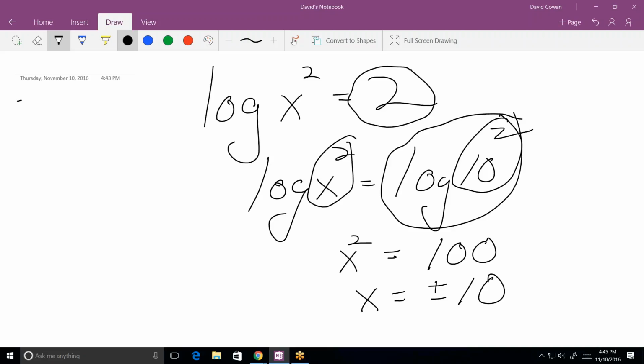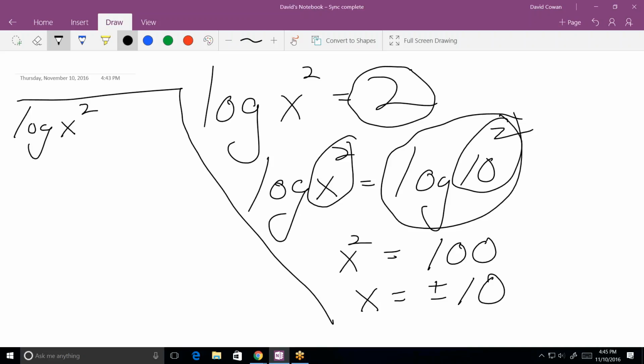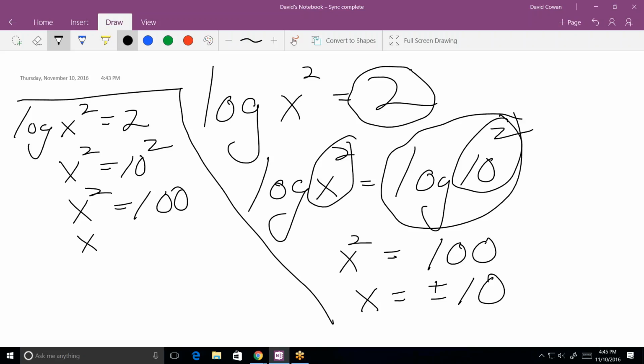Let me do it over here on the left. We got the log of x squared equals 2, which means that x squared equals 10 squared, correct? Which means x squared equals 100, which means x equals plus or minus 10 again.